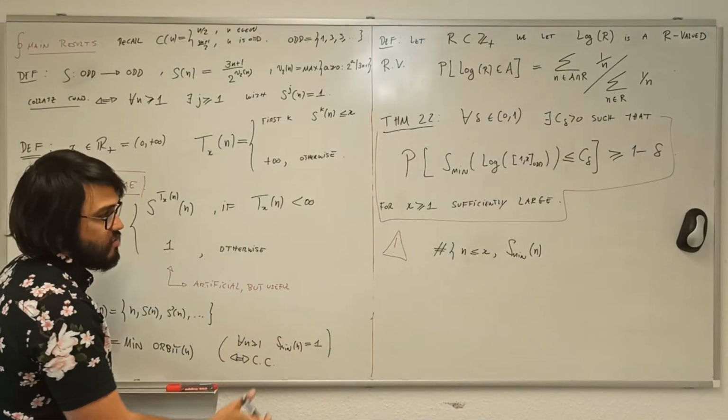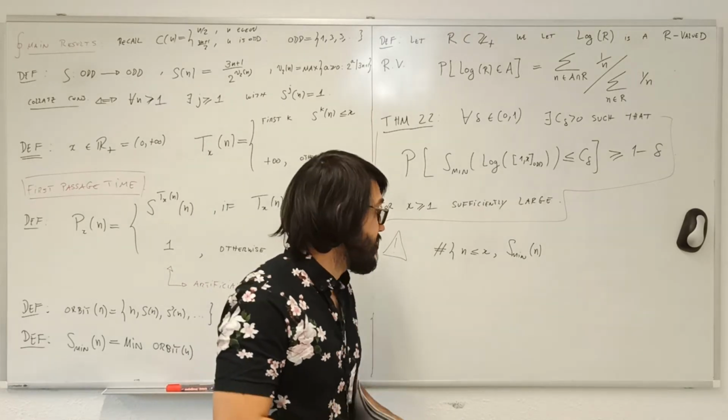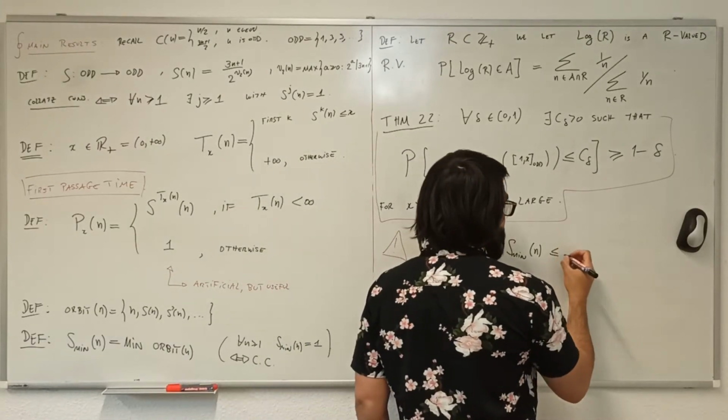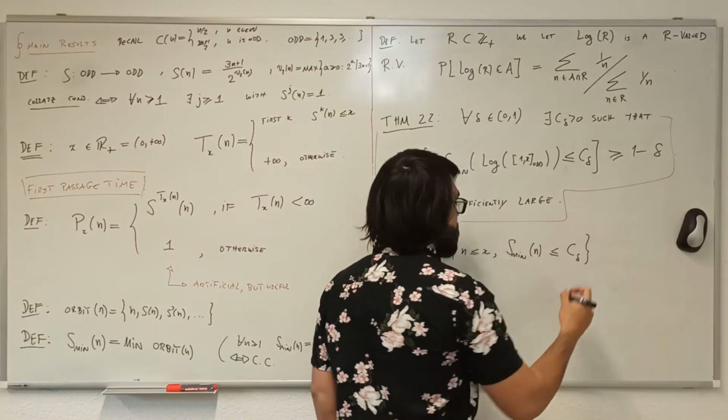That's the Collatz conjecture. But maybe the only thing I can say is that this thing is bounded. So I'm counting when this is less or equal than a C delta.